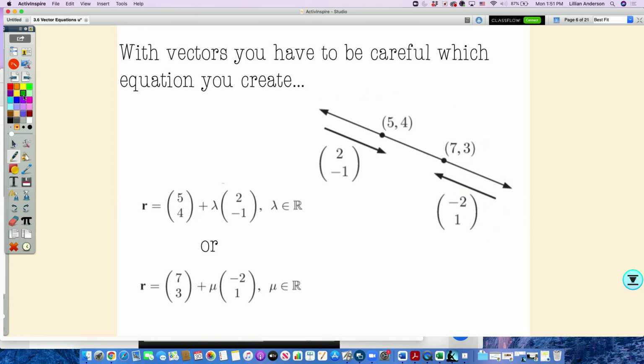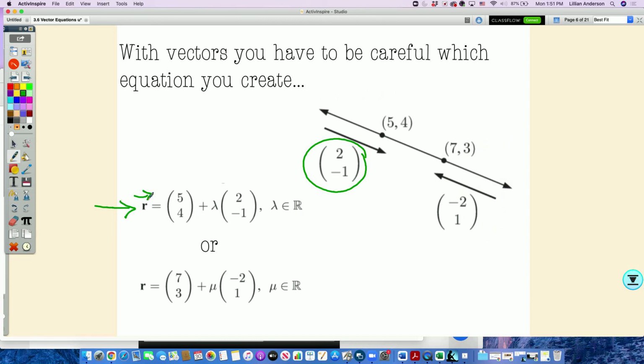All right, with vectors, you have to be careful with the equation you create, because remember, we are talking about direction. So if we have 2 points and we're trying to find the equation that represents this particular situation, if I use 5, 4 as a starting point and it has a direction vector of 2, negative 1, then my equation is going to be this, okay? Vector r equals 5, 4 plus lambda 2, negative 1.